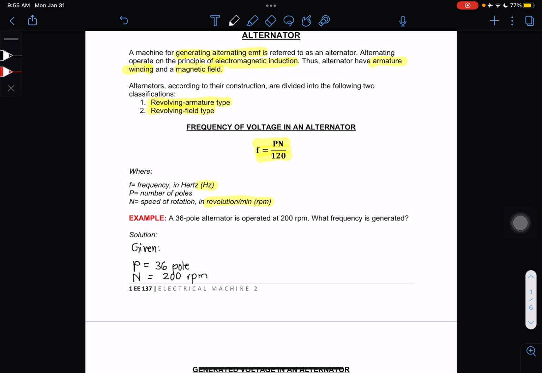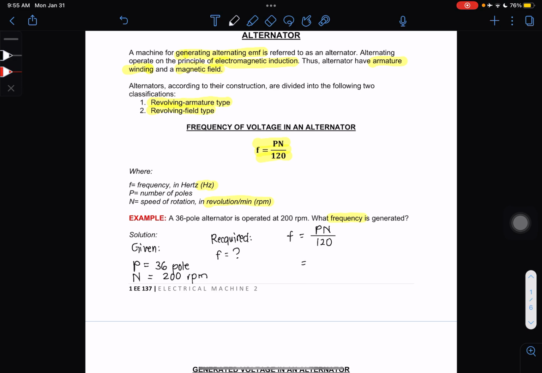So the required in the problem is the frequency. So therefore our unknown is F. To solve, the formula is F equals P multiplied by N divided by 120.